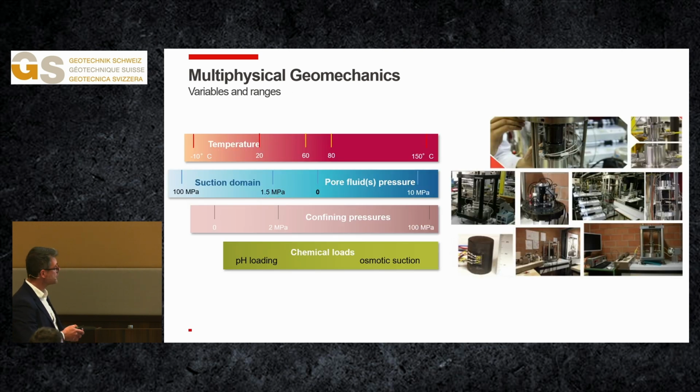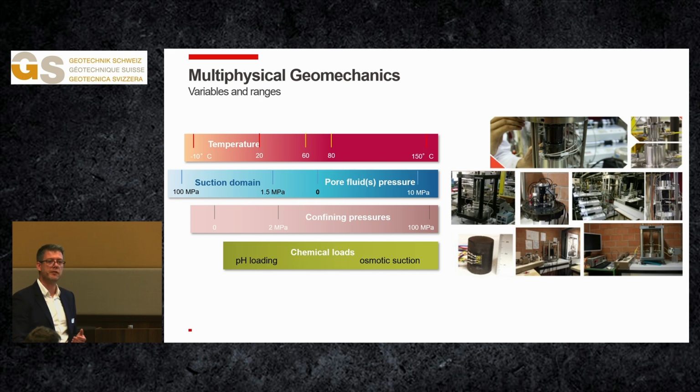Those variables, temperature, pressures of fluids, confining pressure and chemistry, not only need to be accounted for, but their ranges are also quite large, which makes our analysis especially interesting. Temperature can rise. There is not yet a fixed final level of temperature which is allowed, but easily we can be around 100 degrees.